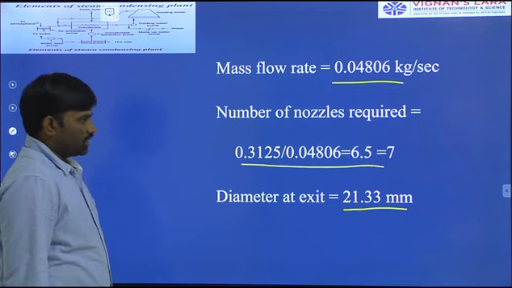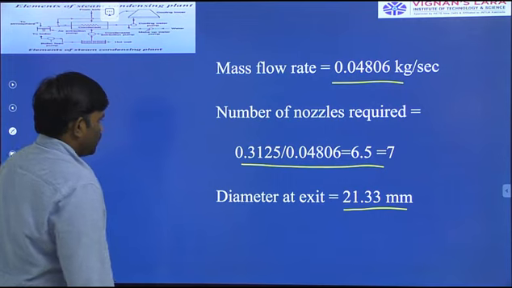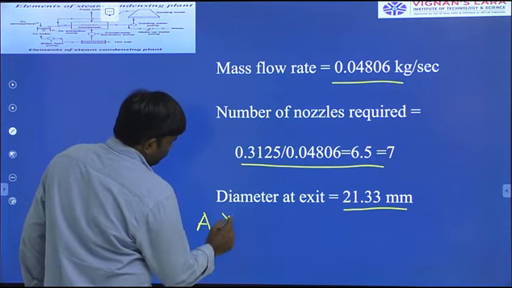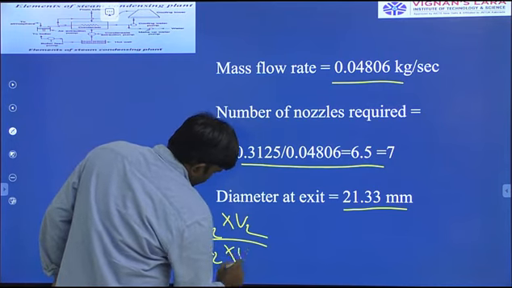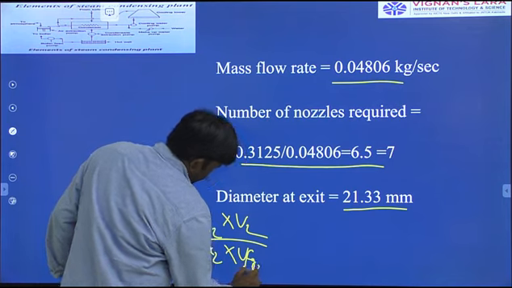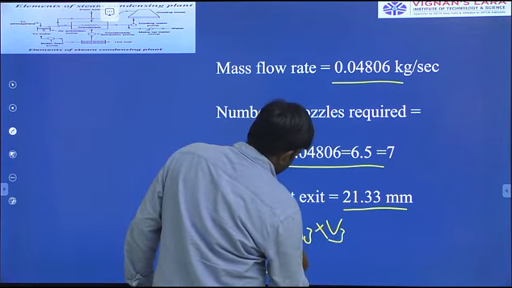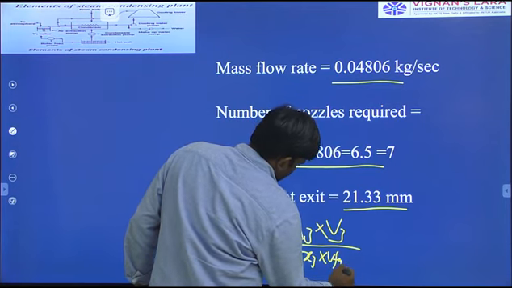How do you determine the diameter at exit? Based on the mass balance relation, A2V2 divided by X2 into VFG2 is equal to A3V3 divided by X3 into VFG3.